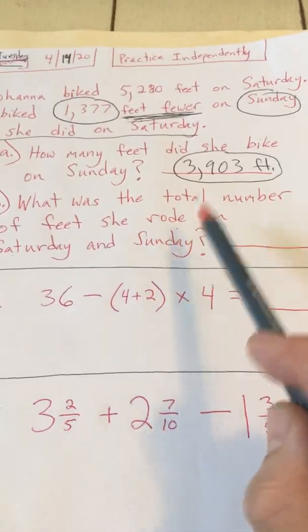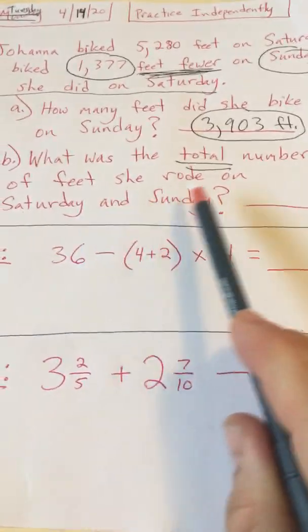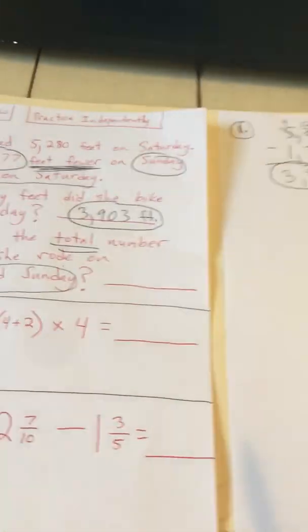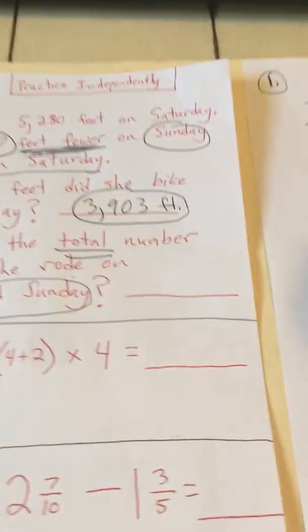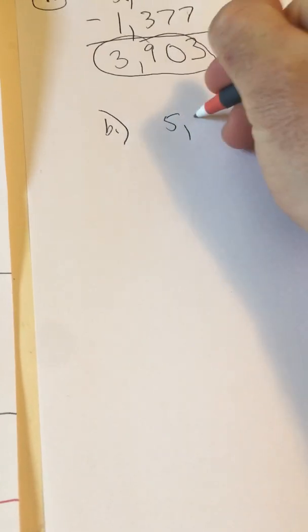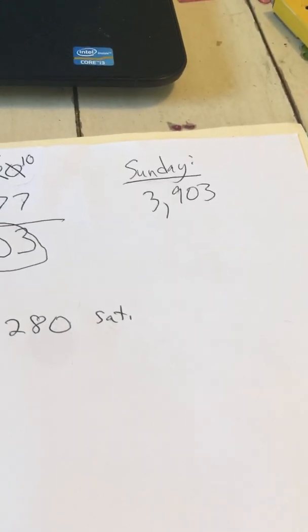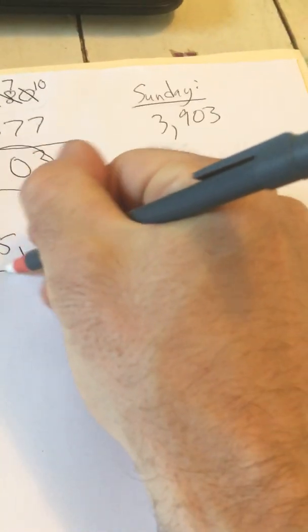Now it said, what was the total number of feet she rode on Saturday and Sunday? So Saturday was 5,280 feet. And we just figured out that Sunday was 3,903 feet.